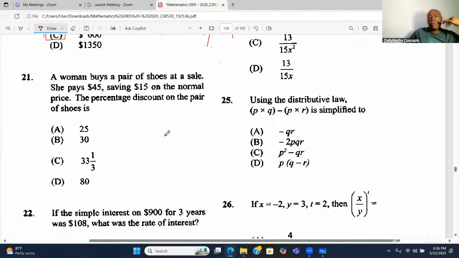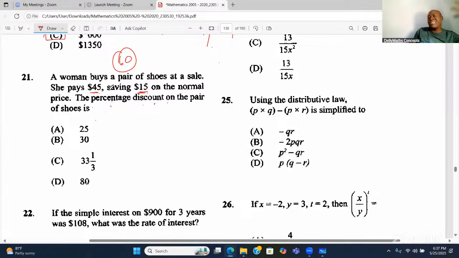All right. It says a woman buys a pair of shoes at a sale. She pays $45. Watch this. She pays $45, saving 15 on the normal price. That means it's $60 for it. So she paid 45, she saved 15. The percentage discount on the pair of shoes is what?